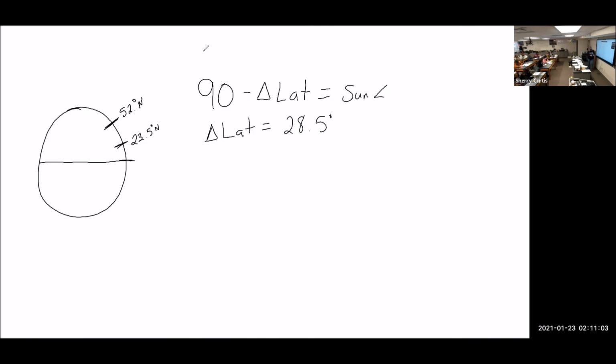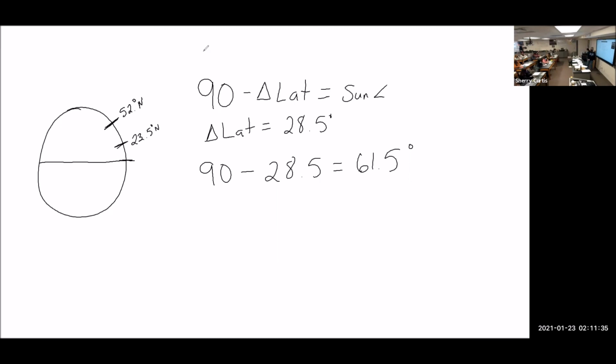So now I have 90 minus 28.5 equals 61.5 degrees. So in the summertime, the sun would probably be somewhere out there. It's going to be higher in the sky, right?